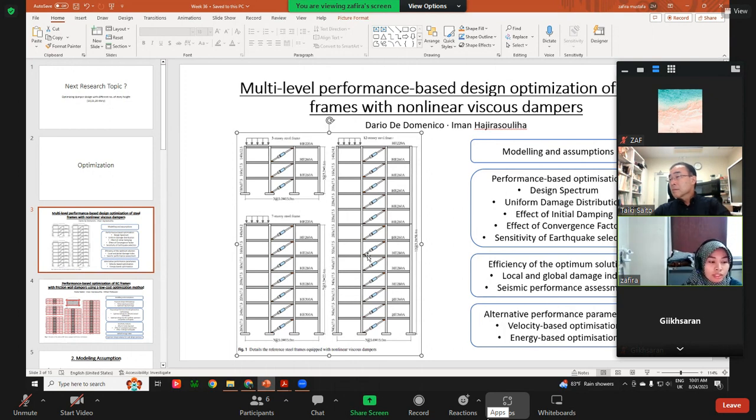For example, if we have a current steel frame structure and there's a possible bigger earthquake in the future, he wants to retrofit the building with viscous dampers in the middle of the story.